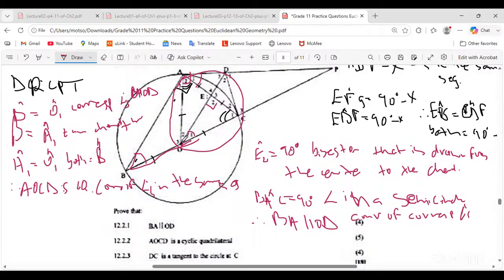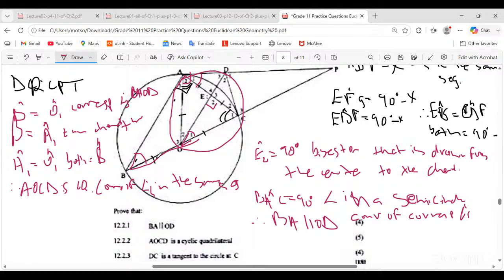Okay, this is the radius. We can go there. A minute, guys. Still trying to figure this one out. How can I show that this angle is equal to that one?